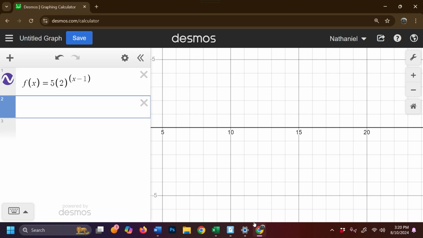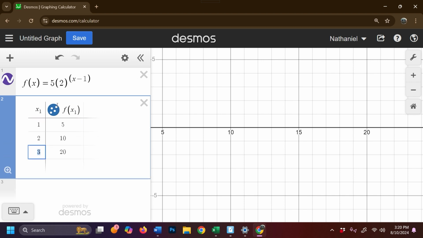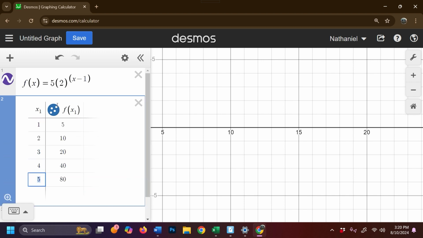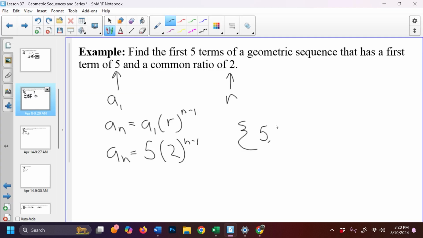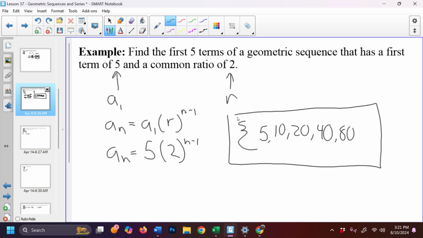Close that up. We'll make a table, and we will change that y1 to f of x1. And the first term, the second term, third term, fourth term, fifth term: 5, 10, 20, 40, 80. And that is our list of the first 5 terms in that sequence.